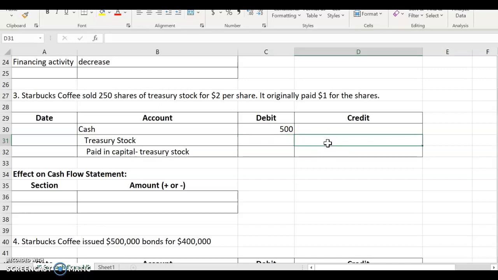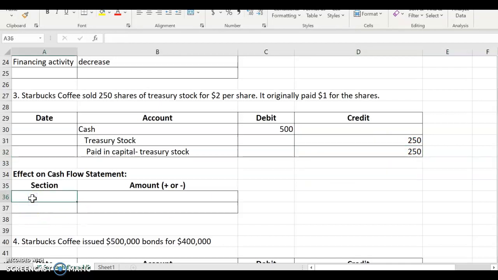But remember, the amount to reduce our treasury stock amount by is the amount we originally paid for it, and we originally paid $1 for it. So the difference between what we originally paid and what we're selling it for goes into this paid in capital. So we are getting $1 more for it when we sell it. So it's basically just a plug number.